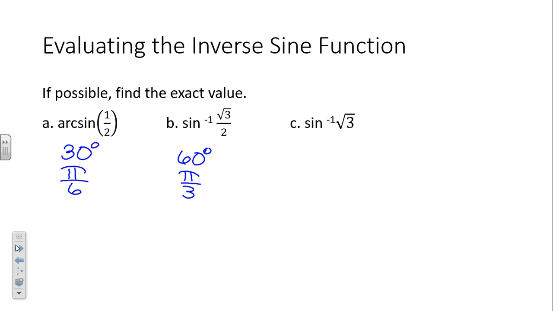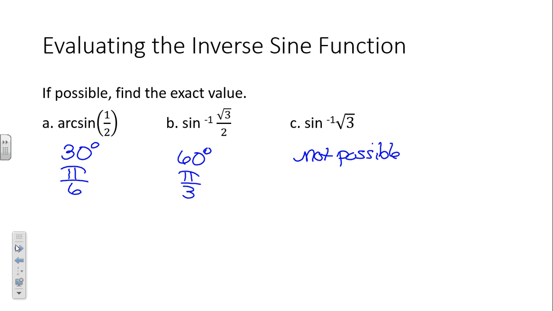No, because sine's restricted, right? The biggest it can become is 1, and the smallest it can become is -1. It oscillates between 1 and -1, unless we've made a change to its parent function. So this one is not possible. Okay, so far so good?